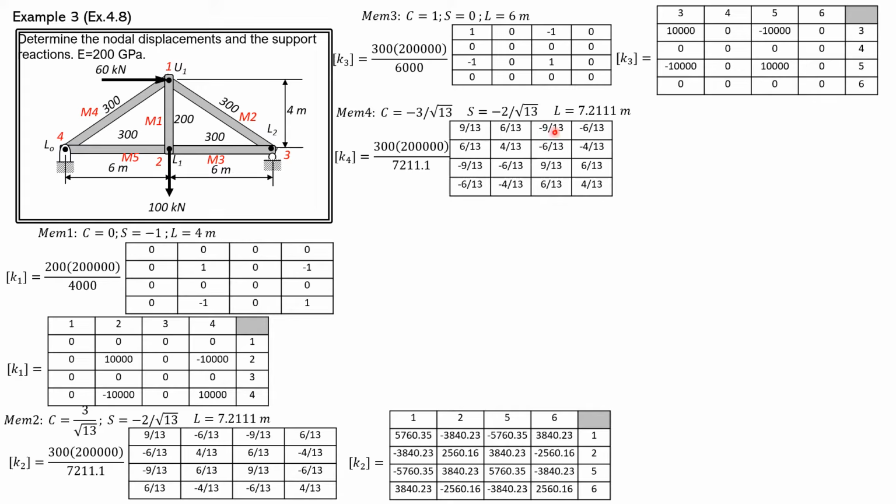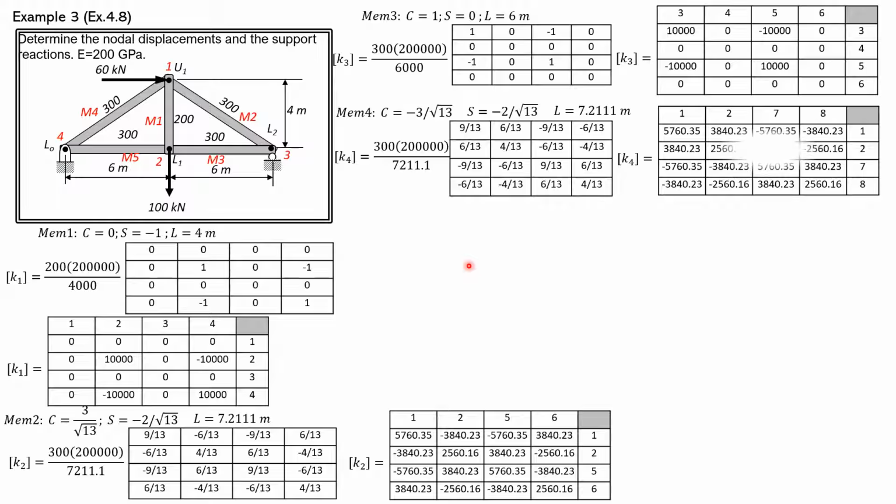CS is 6 over 13, they're negatives, then CS 6 over 13, then sine square 4 over 13, then they're negatives, then copy this 2 by 2 matrix here, copy this 2 by 2 matrix here. So that's K4. So multiplying all these values by 300 times 200,000 over 7211.1, the results will be this.